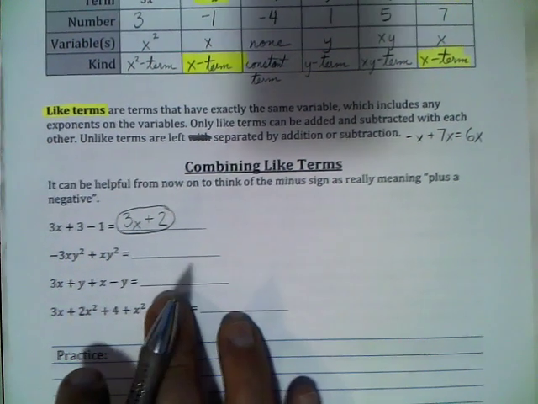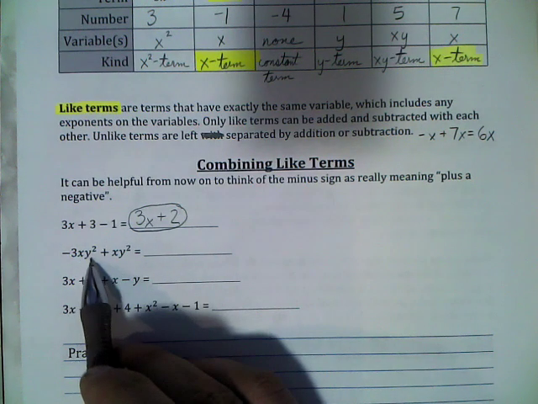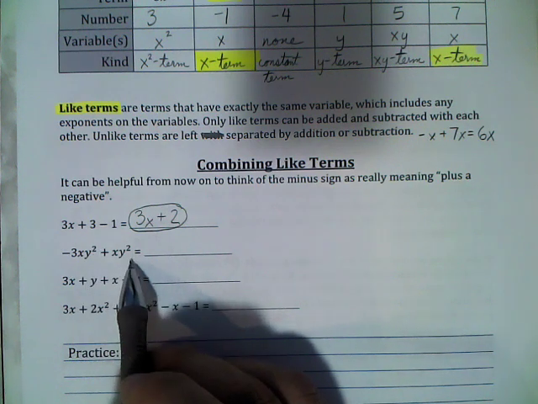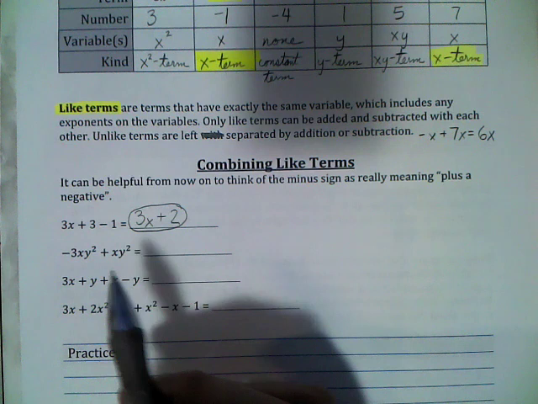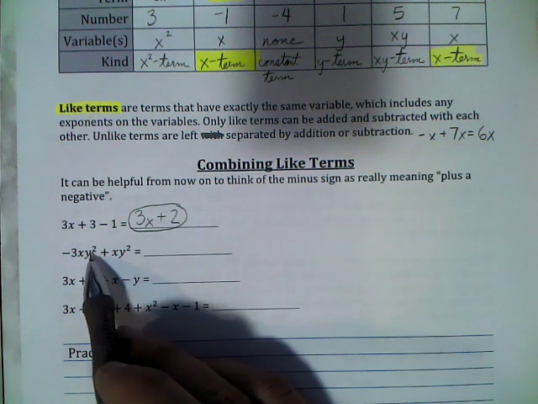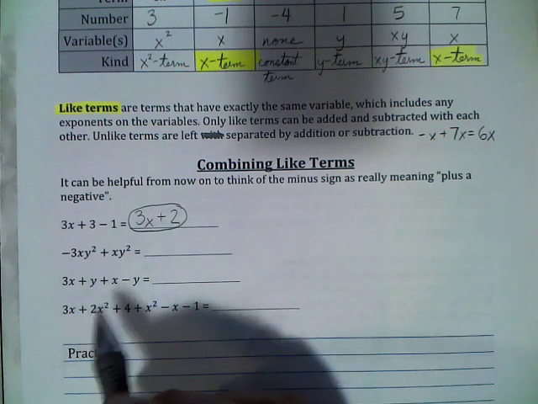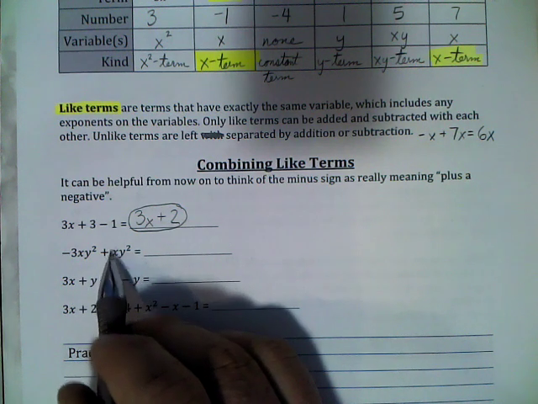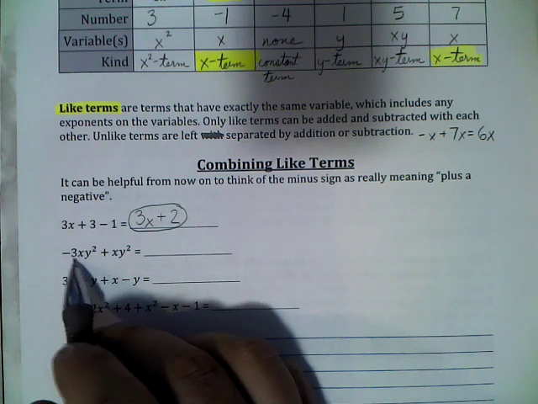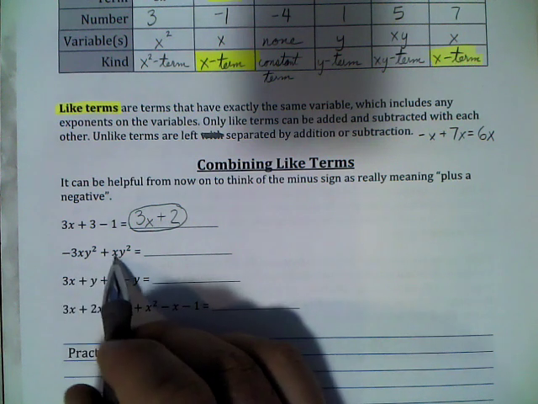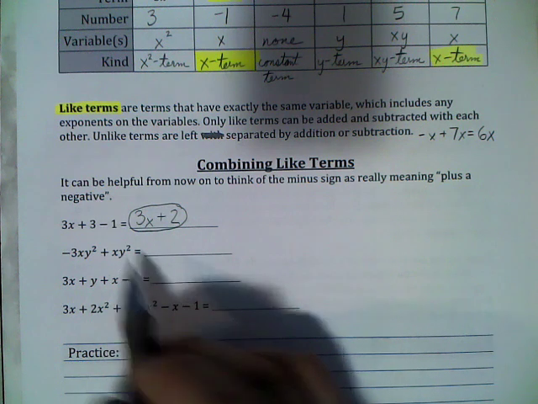Next one, we're looking for just the variables to start. So x, y squared, x, y squared. Do those match each other? Yes, they do. And you've even got to check the exponent. Is the exponent on the correct variable? Well, yes, it is. Remember that this is really a hidden 1 in front of this. So what we have here is a negative 3xy squared plus 1xy squared.